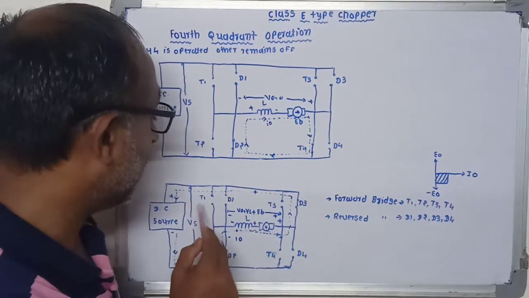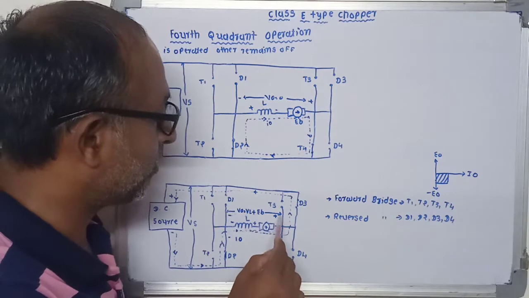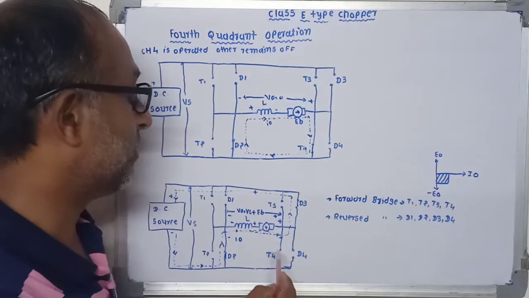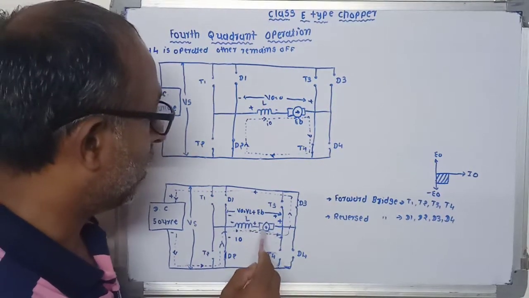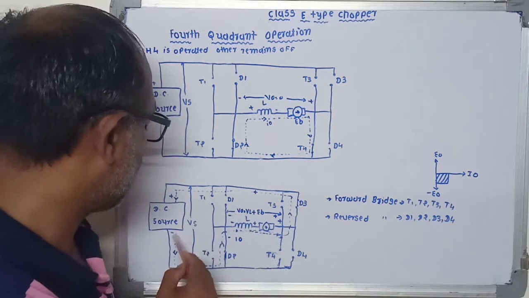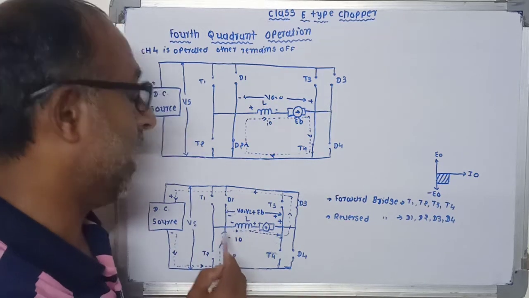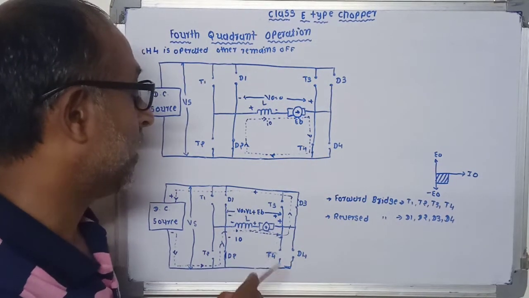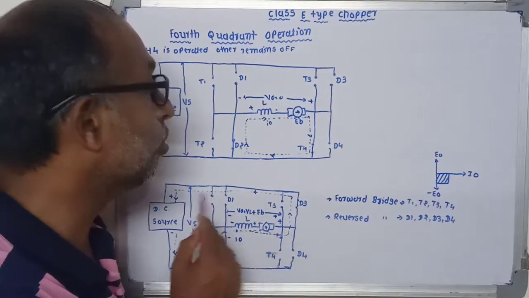So now a negative voltage is applied across the load. That means this terminal is positive and negative, so your output voltage is reversed, that means it is negative. In this case, the current starts to flow from load to D3 to plus Vs of the DC source, then minus Vs to D2, and then inductor L. So the load current is in positive direction, but the power can be transferred from load to source.